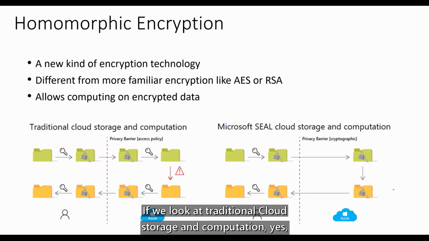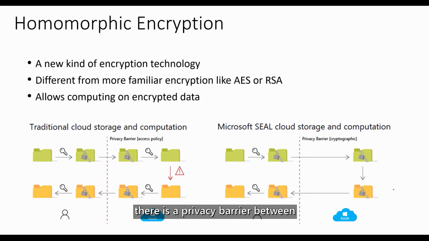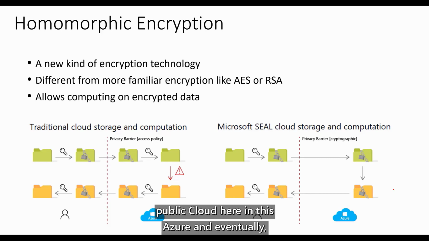If you look at traditional cloud storage and computation, yes, there is a privacy barrier between the public cloud, here Azure, and eventually the customer or the hoster. Information in traditional cloud storage is protected by way of symmetric or public key encryption, right?